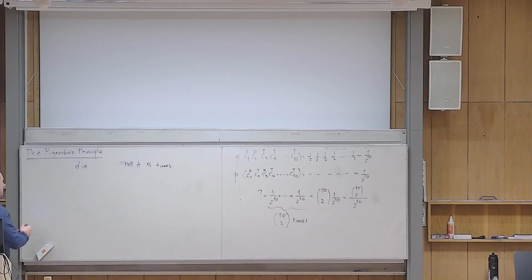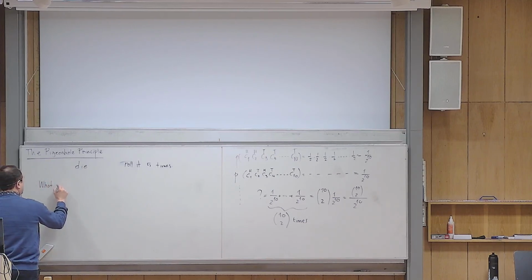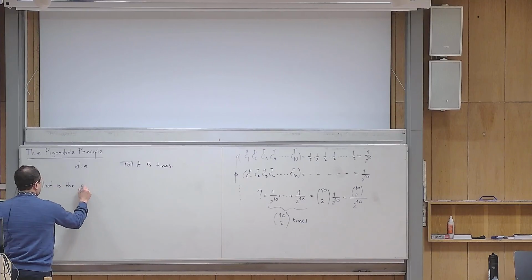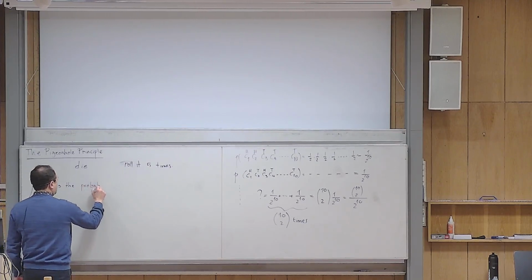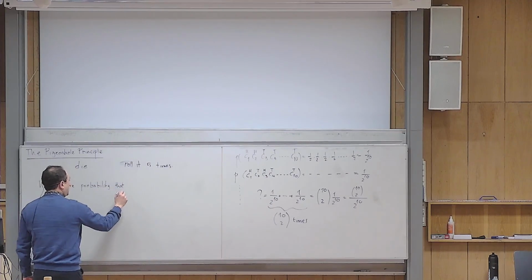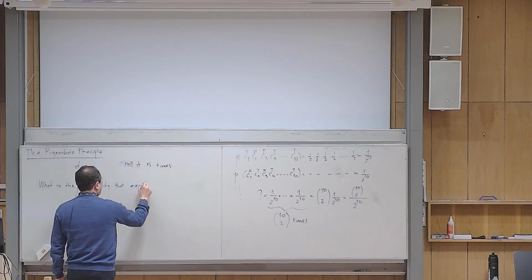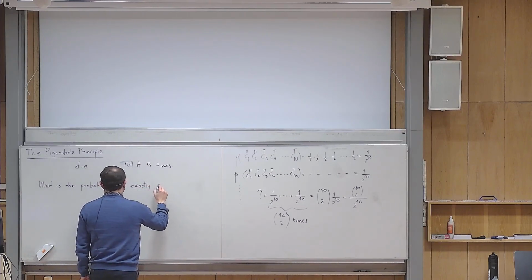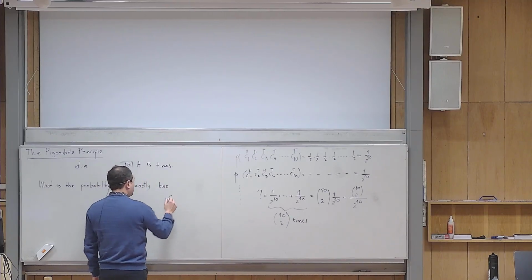So what is the probability that exactly two 5s appear?